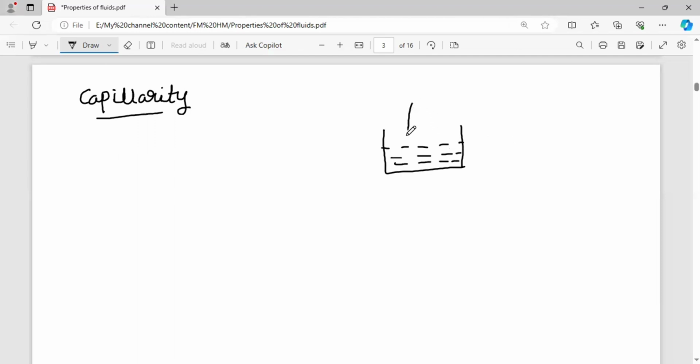Now I immerse a small glass tube in the reversed position. Then what will happen? The water will rise. This is the rise of liquid. The rise or fall of liquid when a glass tube is immersed like this is called capillarity.